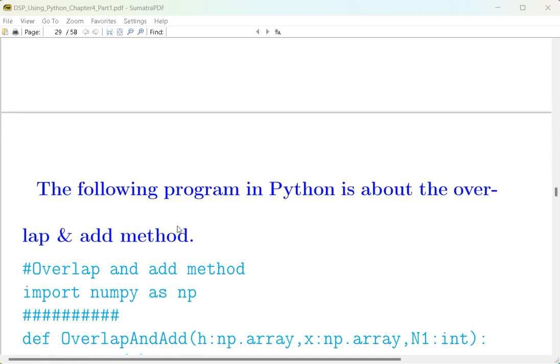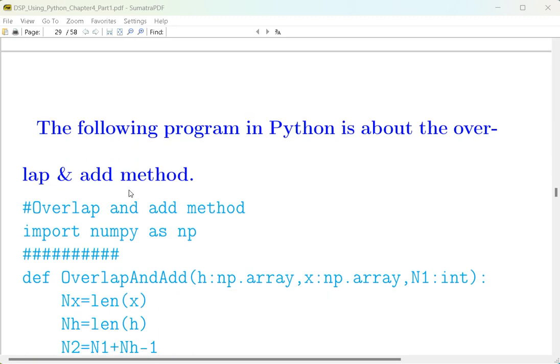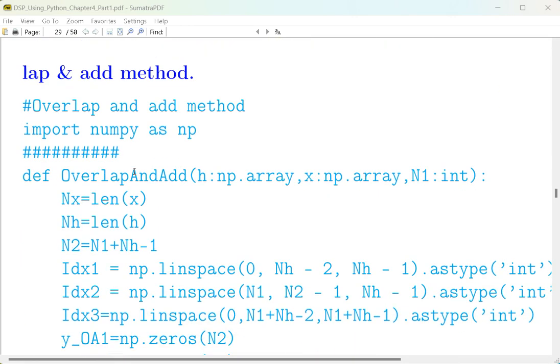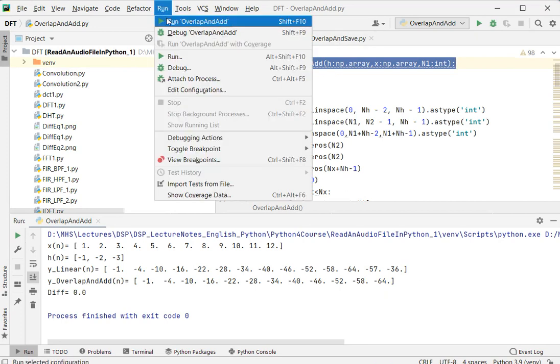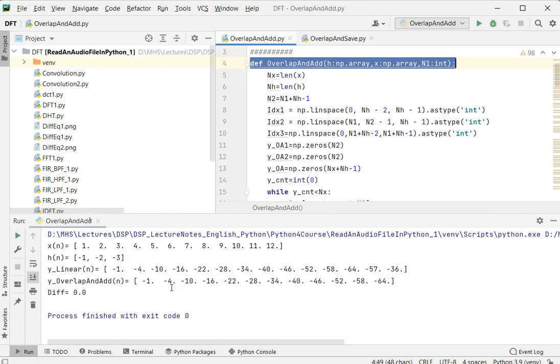Okay. Now the following program in Python is about the overlap and add method, a very important program. We are just going to run it now. We will run an overlap and add. You see here, x of n is equal to 1, 2, 3, 4, 5, 6, 7, 8, 9, 10, 11, 12 as a test pattern. h of n has been selected to be minus 1, minus 2, minus 3.